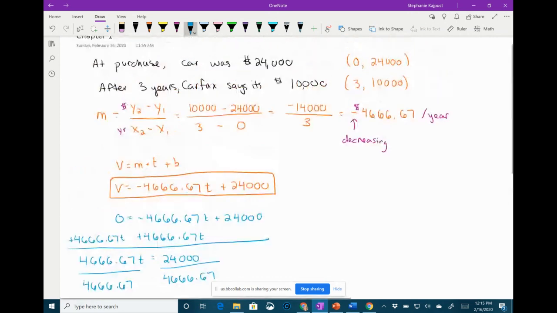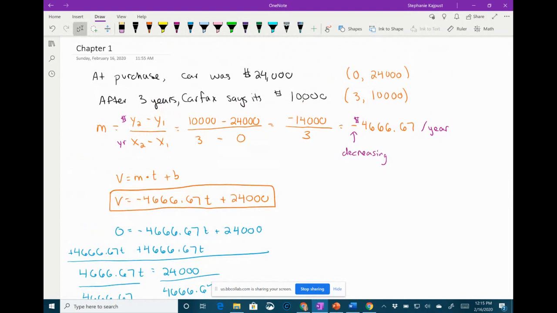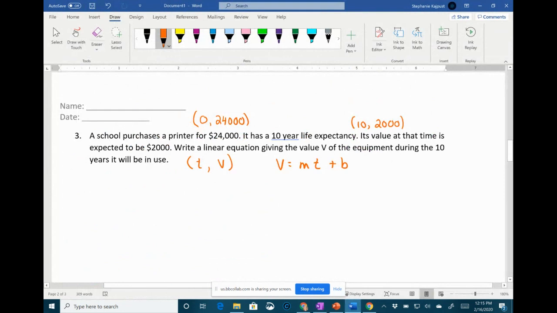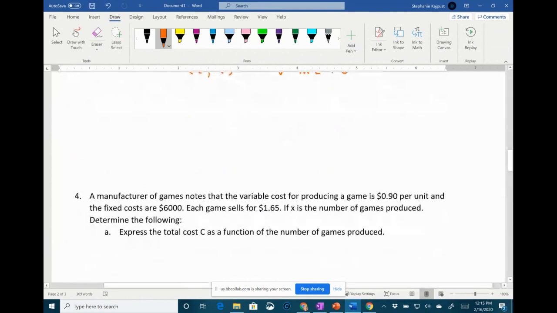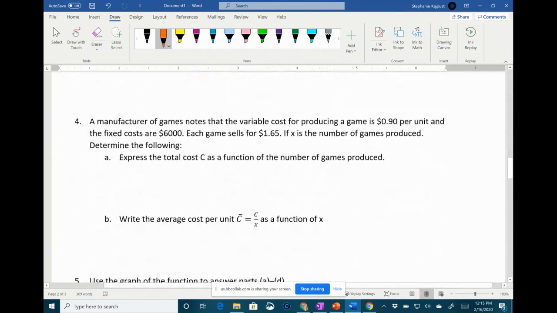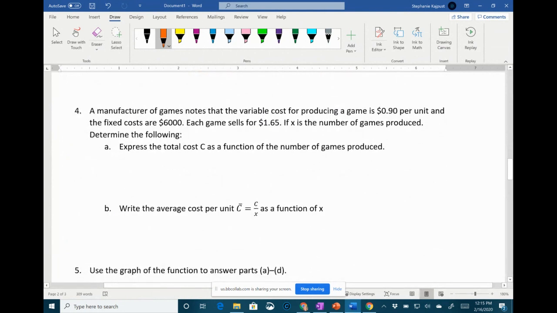So that was the question that I had gotten via email. It was not this exact question, but it was about problem 3 with the depreciation. A lot of people also get confused on number 4. So for number 4, we've got a manufacturer of games who notes that the variable cost for producing a game is 90 cents per unit and the fixed costs are $6,000.